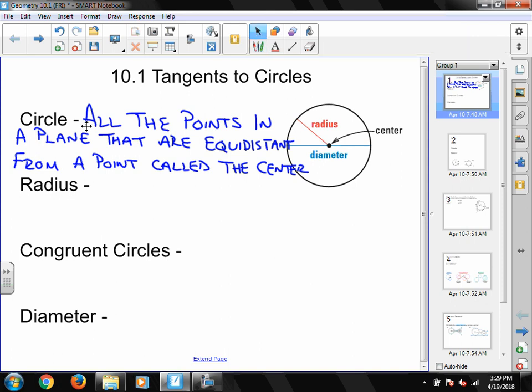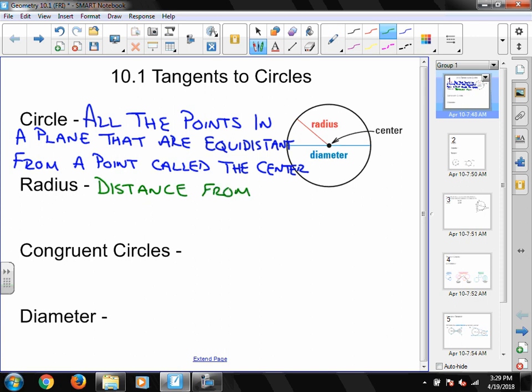The radius, you guys have talked about these, used these before. That is the distance from the center to a point on the circle.